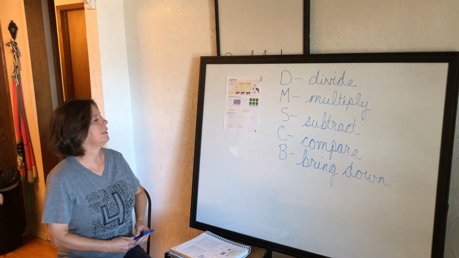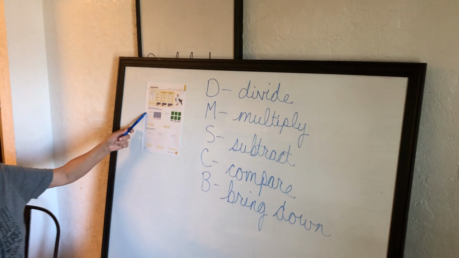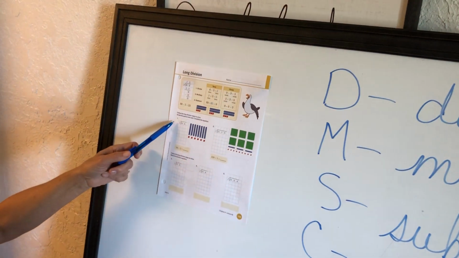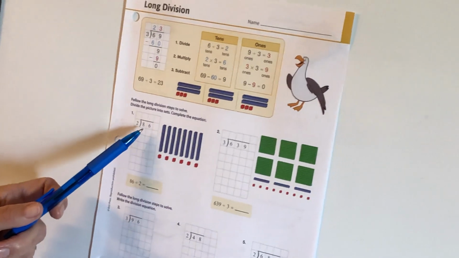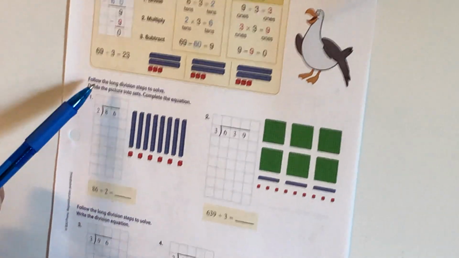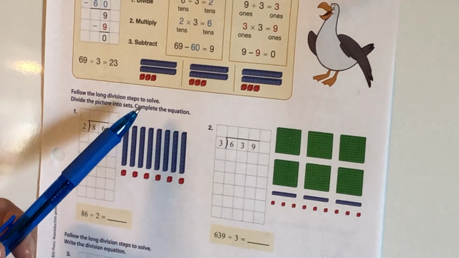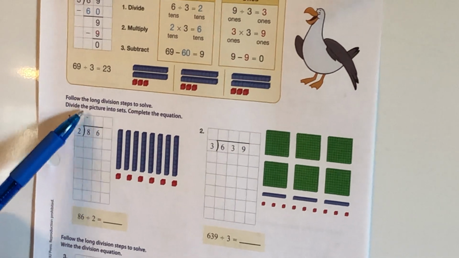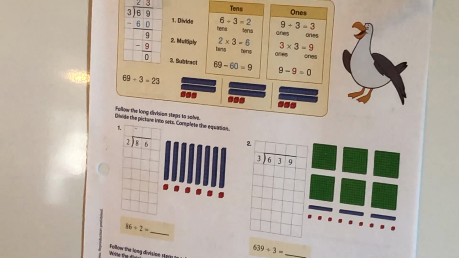Okay, let's get started. Number one, I want you to work these problems with me like we always do. The first one is 86 divided by 2. Let's look at the directions. Follow the long division steps to solve. Divide the picture into sets. Complete the equation.